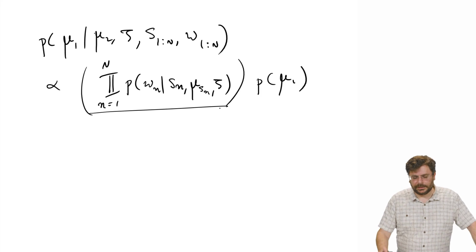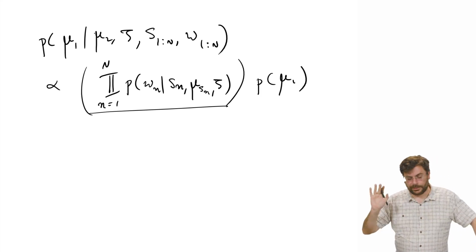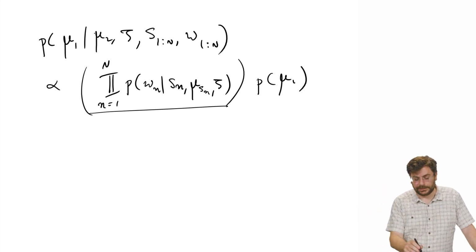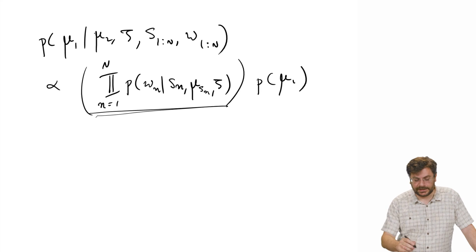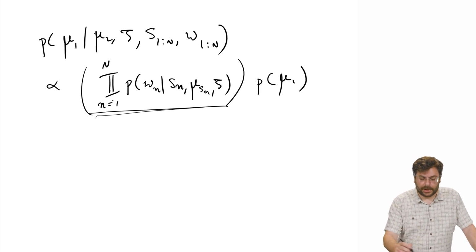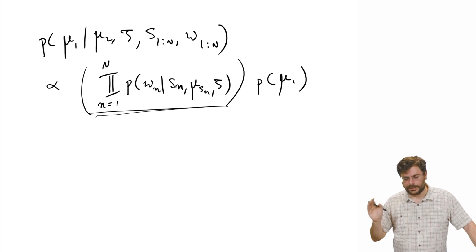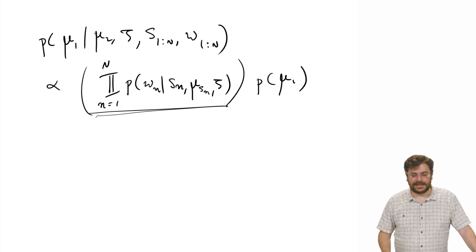Now, this likelihood here, again, the data are all IID, so they're coming from either one mixture component or the second mixture component. I can technically split this up into two products. The products for which Sn is equal to 1 and the products for which Sn is equal to 2. In other words, the data that came from the first mixture and the data that came from the second mixture.